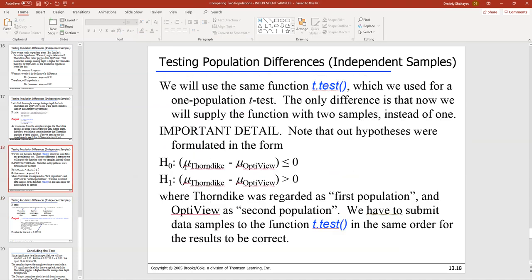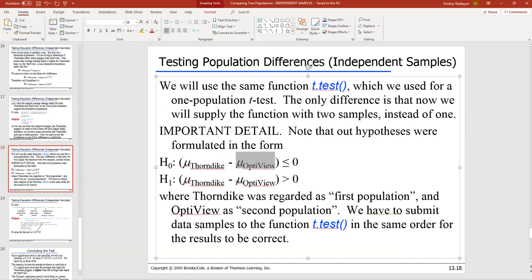In other words, whatever I pick first in my hypothesis and whatever I pick second should match how I perform the test. Because I could have recorded the same hypothesis differently. Mu Thorndike minus mu OptiView is greater than 0 is exactly the same as to say mu OptiView minus mu Thorndike is less than 0. I could have picked OptiView to be first.